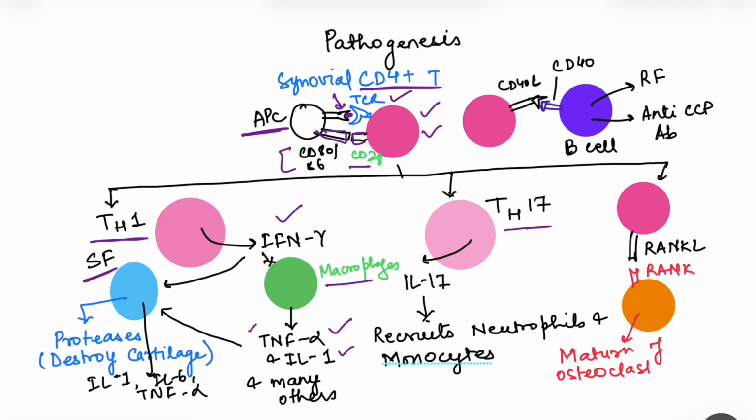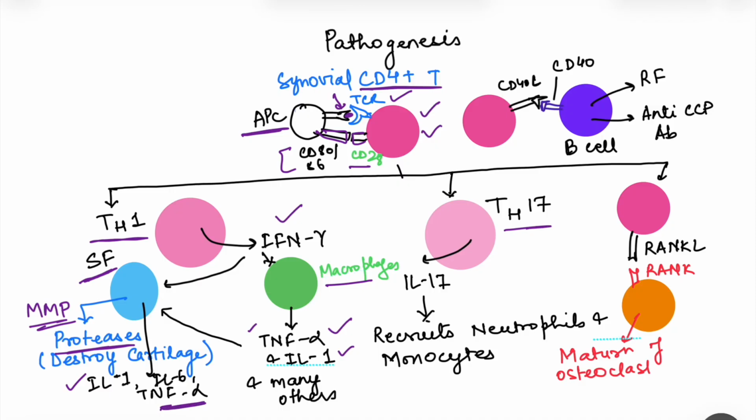Then this TNF-alpha, interleukin-1 and also interferon gamma act on the synovial fibroblast cell, and because of that there is release of enzymes by these synovial fibroblast cells, and these enzymes are matrix metalloproteinases. So there are proteases which are released which destroy the cartilage, and also they release certain interleukins, that is interleukin-1, interleukin-6 and TNF-alpha.